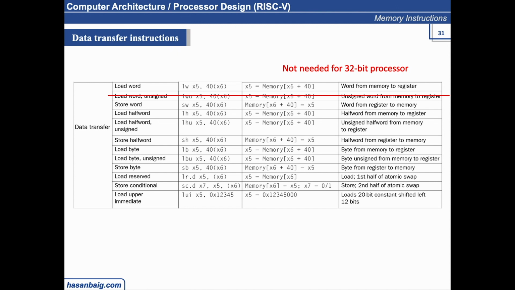So it does not make any sense to define a value as unsigned or signed. If it were a 64-bit processor, then if you are loading a 32-bit value from memory, you would then decide whether it is unsigned or signed. So LWU does not hold true in a 32-bit processor.